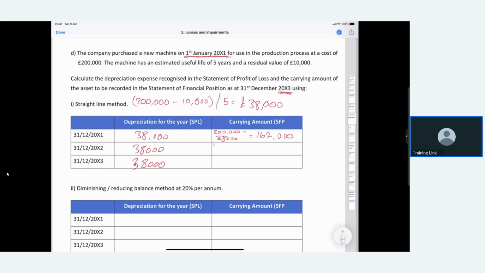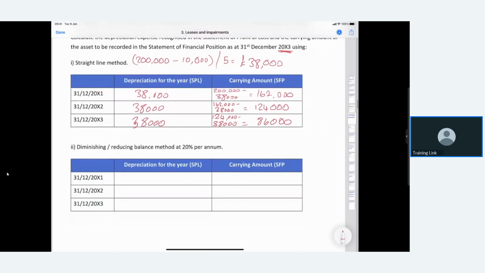And the next year, 162 minus 38 is 124,000. And then year 3, 124 minus 38 equals 86,000. So nice and straightforward, nothing hopefully too complicated there.